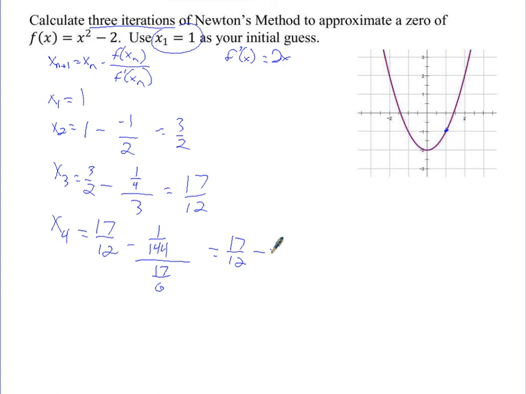144 times 17. 6 over 144 times 17 reduces down to 1 over 408. So we have 17/12 minus 1 over 408. We're getting there.